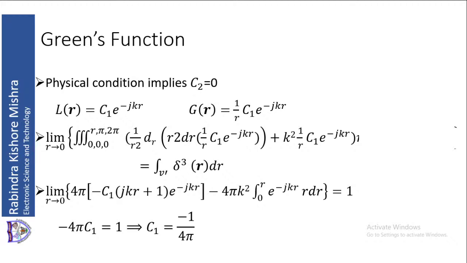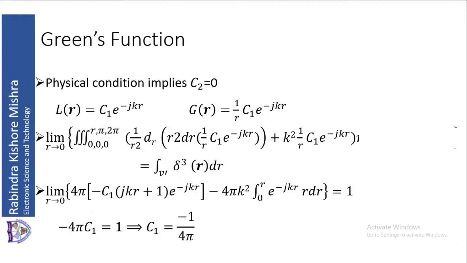Then exponential minus jkr becomes 1, since exponential 0 is equal to 1. So that leaves us in the first term with c1, and 4 pi remains as it is. Therefore the first term now becomes minus 4 pi c1, and the second term is 0.